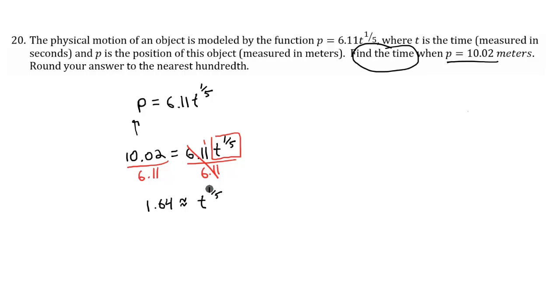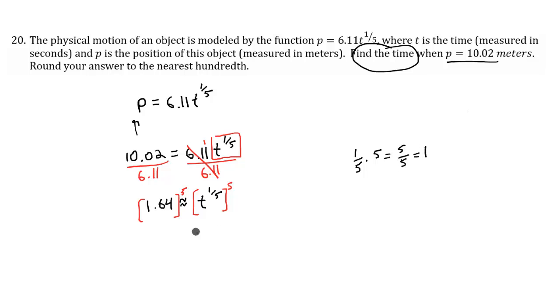So to get rid of this exponent of 1/5, what I'm going to do is raise it to the 5th power, right? I'll explain why in a minute. So this left side gets raised to the 5th power too. Now remember, whenever we have an exponent raised to another exponent, we multiply. So 1/5 times 5 is going to be 5 over 5, which is just 1.